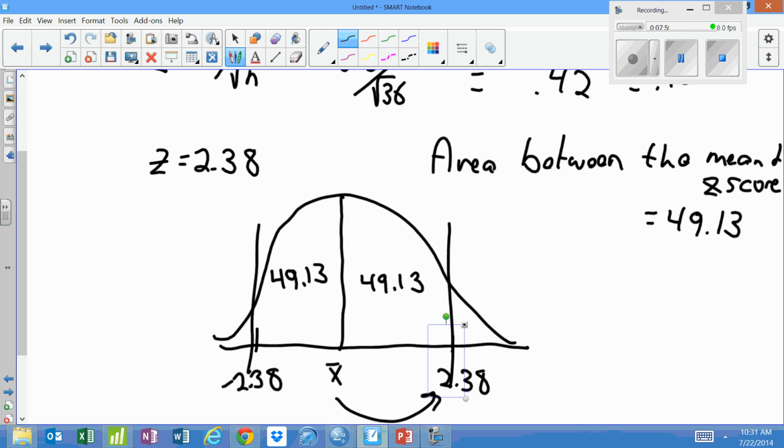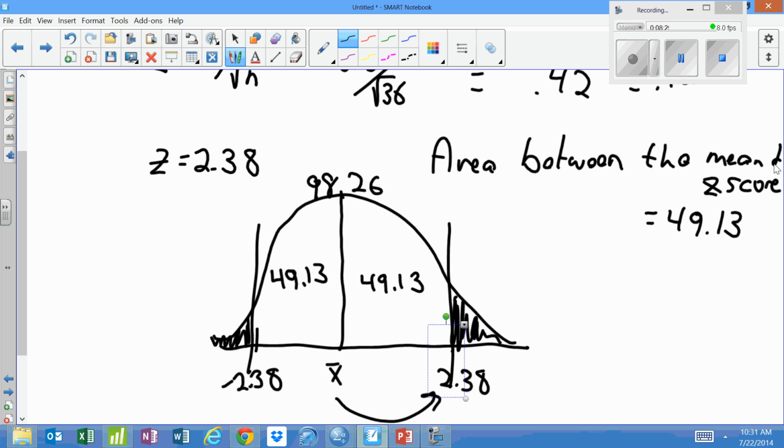So if I add those two together, I get an area of 98.26. Okay, I want to determine my p-value, which is what is left over in my tails, because I am doing a two-tailed test. So to figure that out, I need to go ahead and subtract my 98.26 from 1.